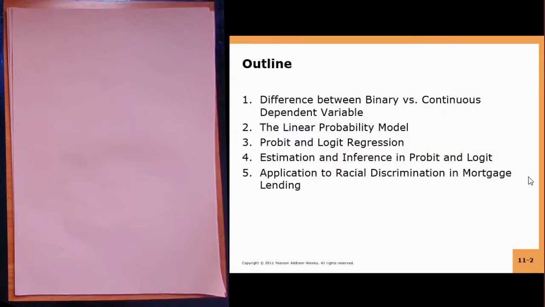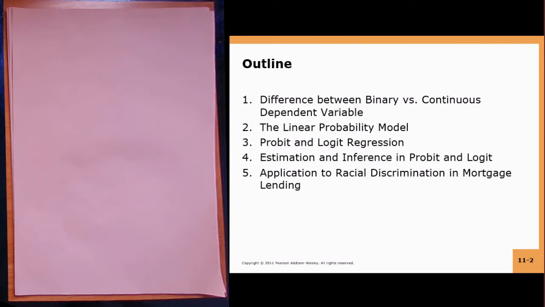First, this is how the presentation will go. First, we will talk about the difference between binary versus continuous dependent variables. Then we will talk about the linear probability model, and we will introduce the ideas of probit and logit regression.